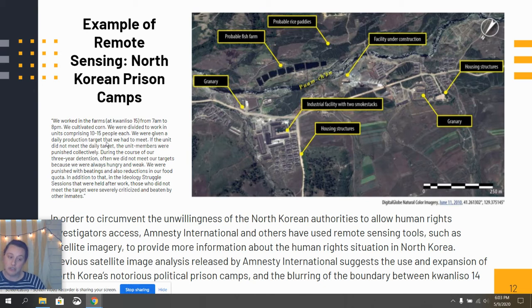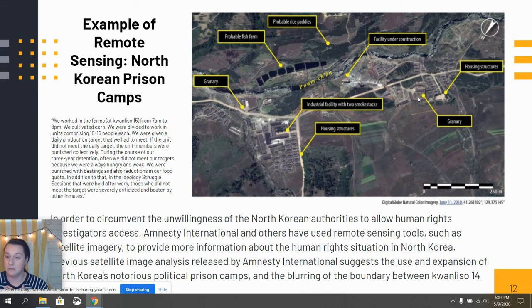So there's a lot of information in that quote. But what we can do as geographers looking at remote satellite imagery is compare what this person says in their firsthand account to what is actually going on in North Korea with this photo. This remote sensing was able to photograph this prison camp. Here are the housing structures.